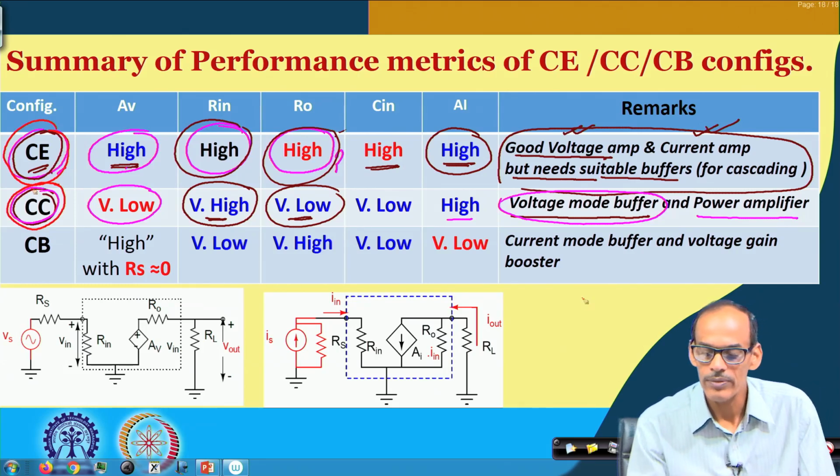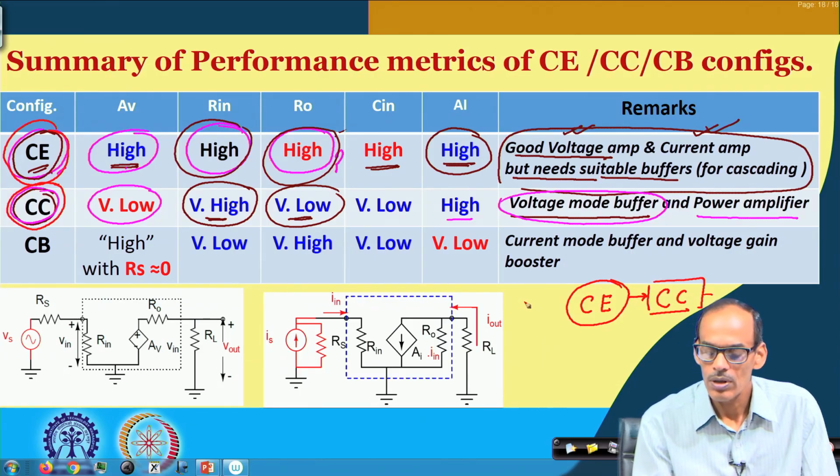So, we can have CE stage at the center, and then we may have CC stage as buffer for the output port, and or CC stage as buffer at the input port also. So, this is for voltage mode amplifier.